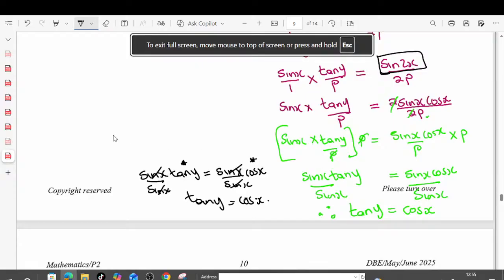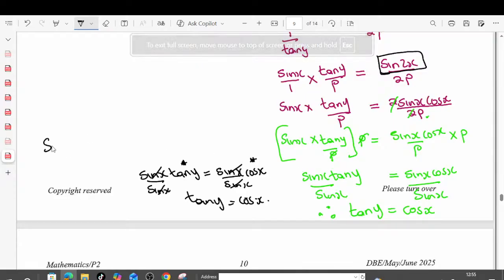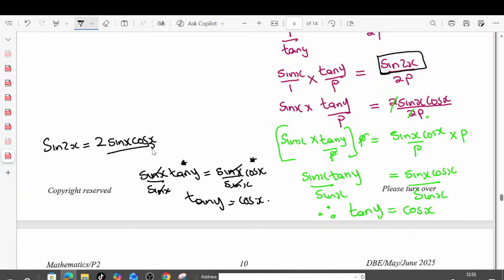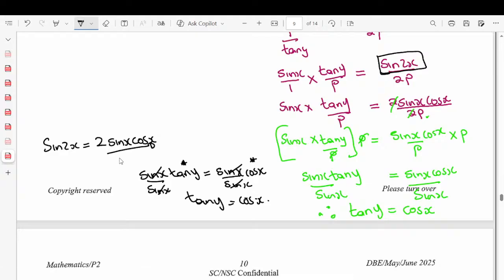So where there is sine 2x, we can replace this with 2 sine x cos x. I hope this answers your question. So this was the identity. What we did is that we worked on the identity. It was just an identity, né?